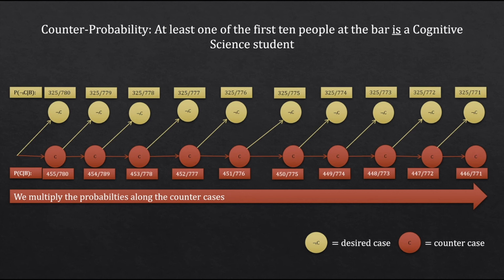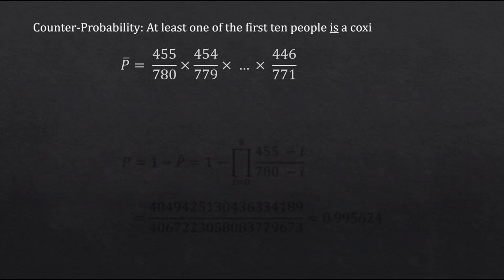Regarding the probability of meeting again a Coxi, we must subtract 1 from the denominator and the numerator, because the previous Coxi must be taken from the number of all students at the bar and the number of Coxis at the bar. So eventually, the formula to calculate our counter probability is the product of 455 minus i divided by 780 minus i, where i is the index and goes from 0 up to 9.